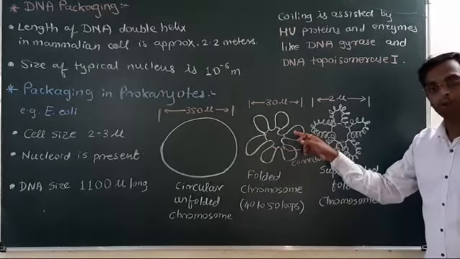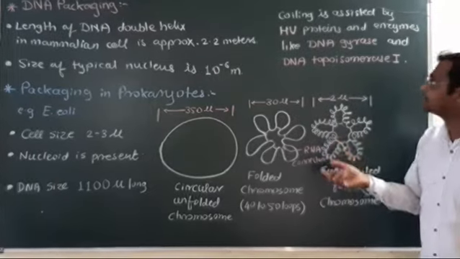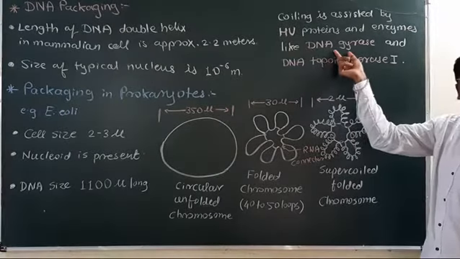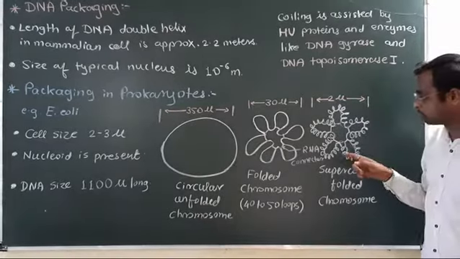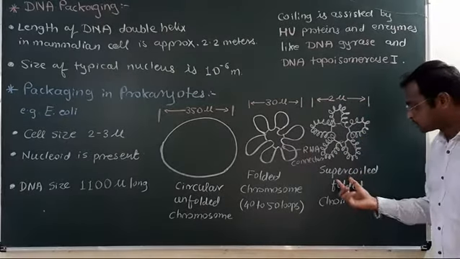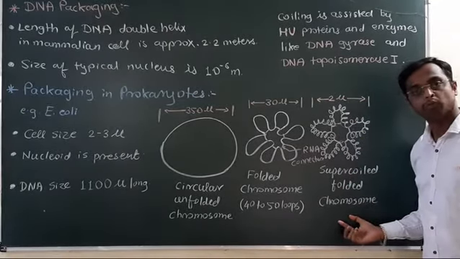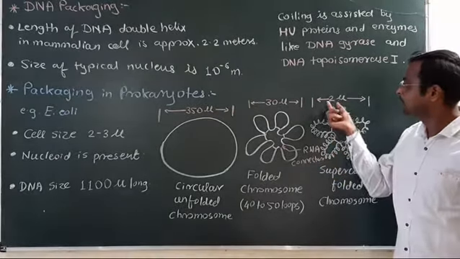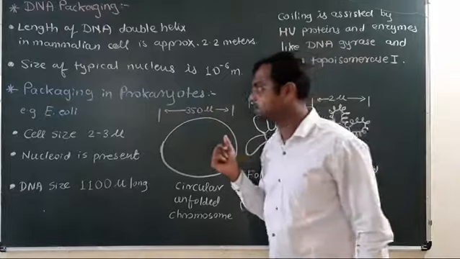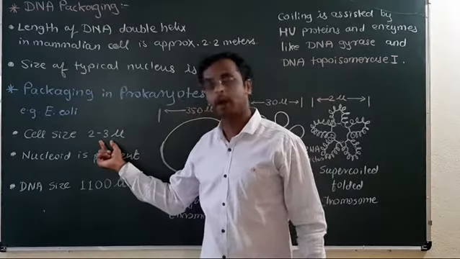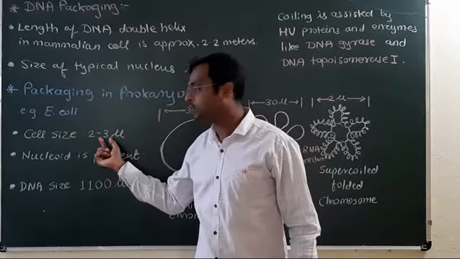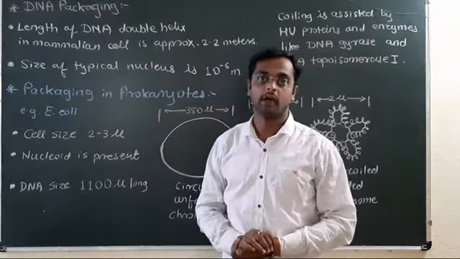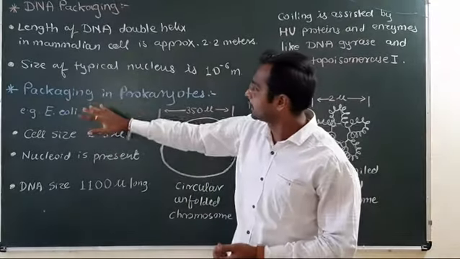Again, these loops get supercoiled with the help of HU proteins, DNA gyrase and DNA topoisomerase 1 to form this structure, the supercoiled folded chromosome, which has a size of 2 micron, and this 2 micron size is easily packed inside this 2 to 3 micron cell size. Understood the packaging in the prokaryote?